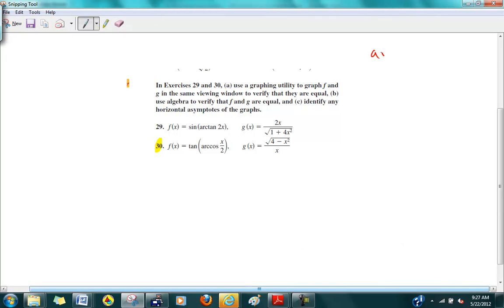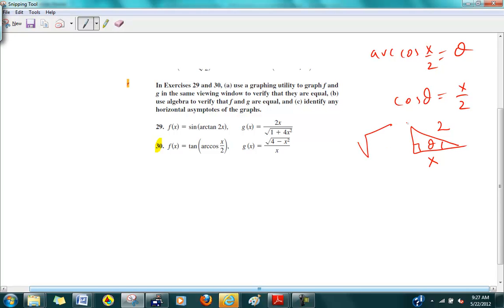So one more time, we're going to let arc cosine of x over 2 equals theta, which is the same statement as saying cosine theta equals x over 2. And then you get your triangle. Here's your angle. Adjacent is x. Hypotenuse is 2.